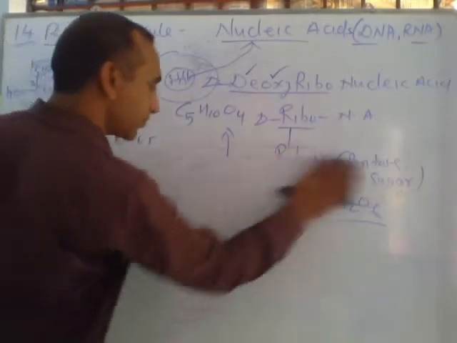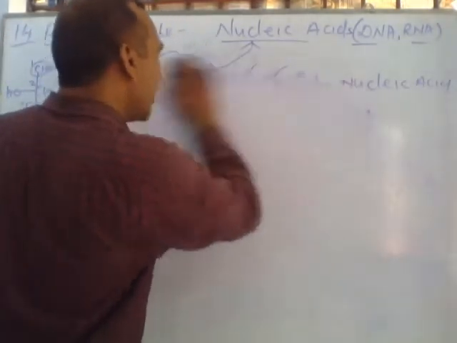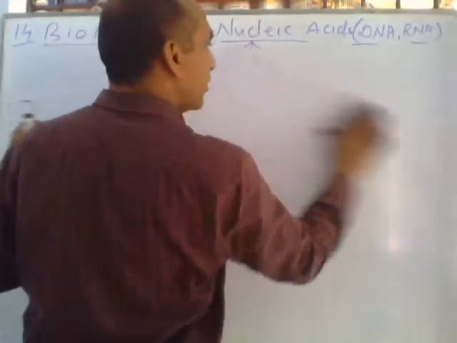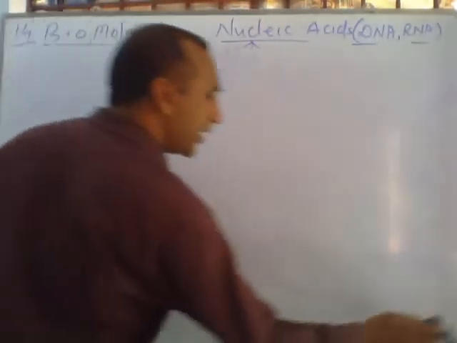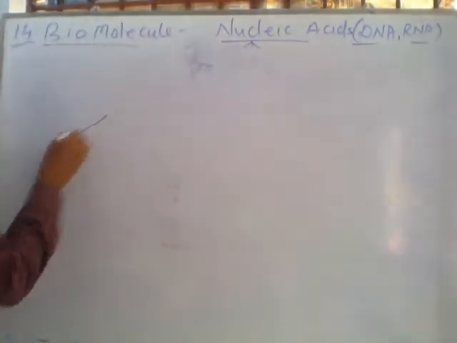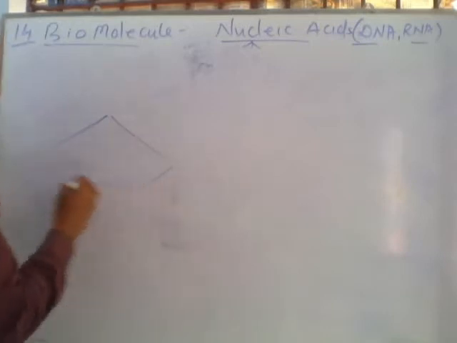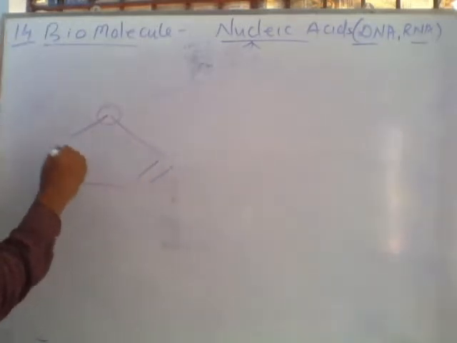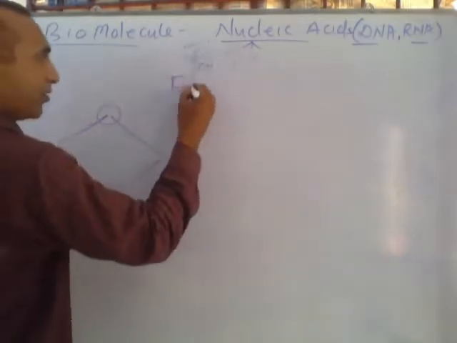But ribose and deoxyribose also exist in ring pattern, in ring chain. Here, this type: 1, 2, 3, 4. Actually, this compound is called furan.